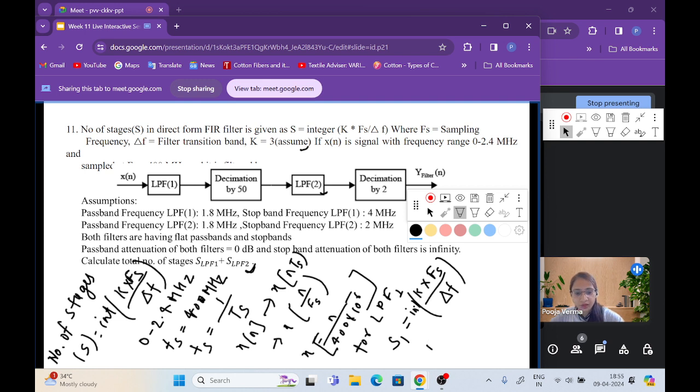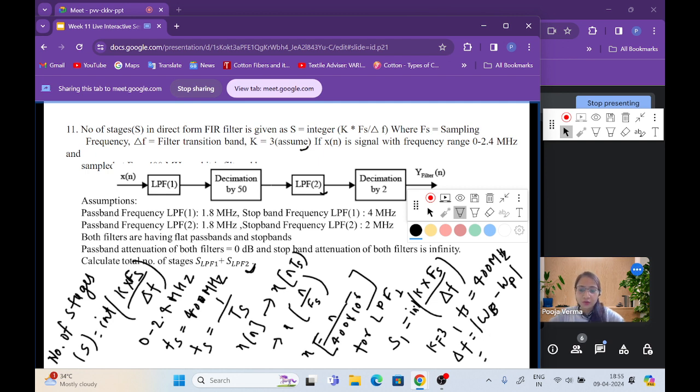So here k is equal to 3, Fs is equal to 400 megahertz, and the transition band, how can we calculate del f? It is the stop band frequency minus pass band frequency.